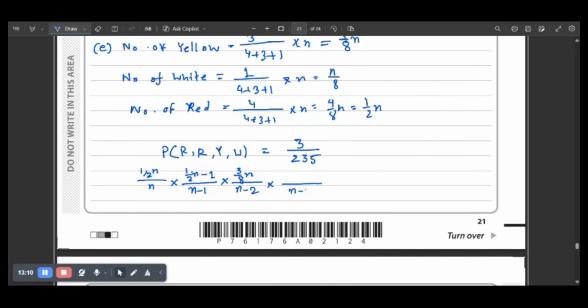So the total number of beads will decrease by one more. This will become n minus 3, and the number of white beads is the same as before because a white bead has not been chosen yet. This equals 3 by 235. What is left to do is just simplification.